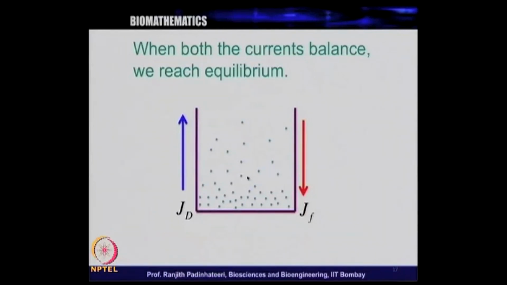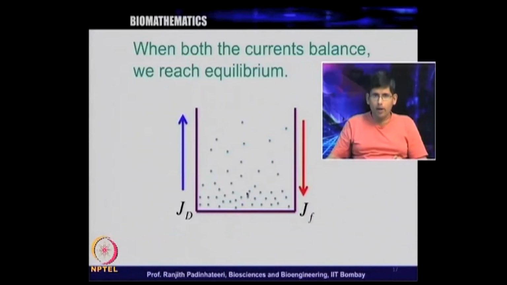We call it equilibrium. For example, if you look at this particular point, there will be some current upward, there will be some current downwards, and when these currents balance, we have net current 0 and we reach equilibrium.